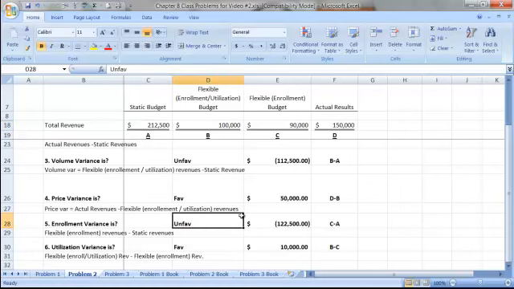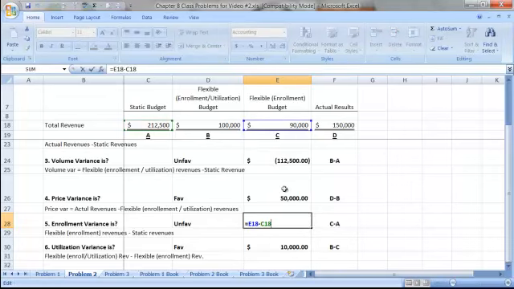First, we would determine that it's unfavorable. Then we go ahead and calculate it. So C minus A, we get 112,500 unfavorable enrollment variance. And we're going to go into exactly what that means in a minute. Right now, it's just going through the calculations.